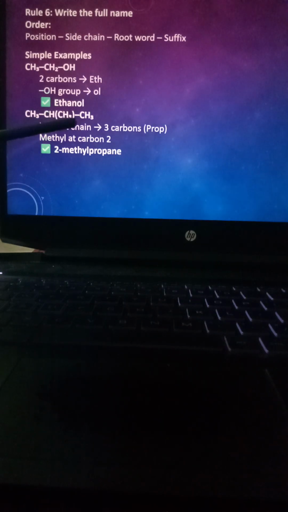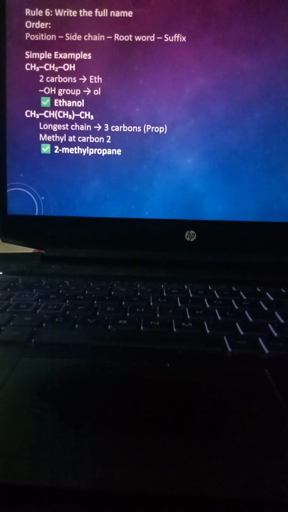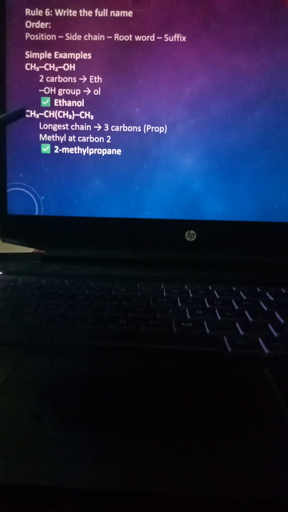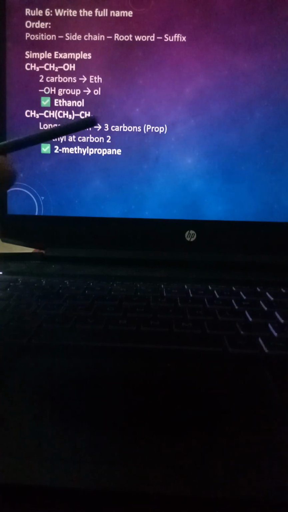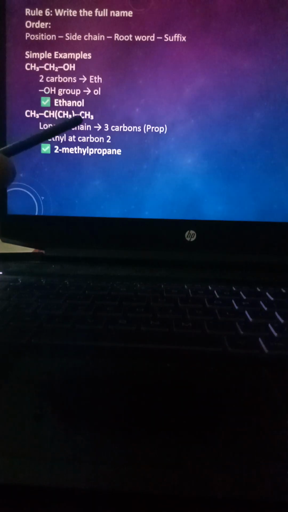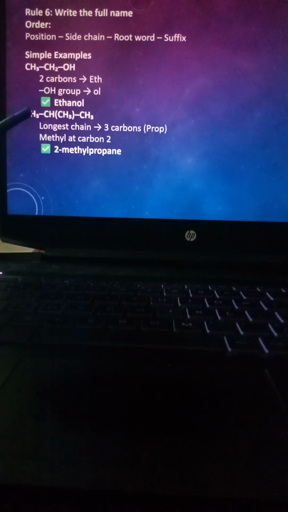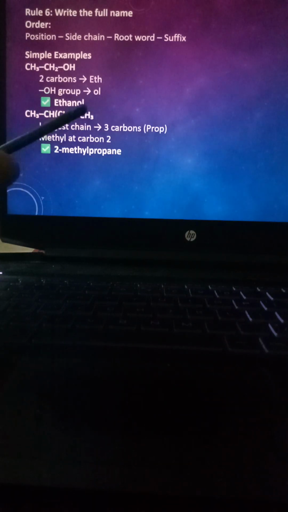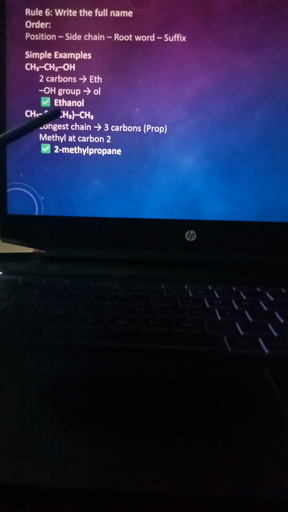But this one is given in brackets, so it is considered a side chain. So 1, 2, 3 only. So it is prop. What is the side chain? CH3. Where is it present? This is the first carbon, this is the second, this is the third. So the methyl is present at the second place.